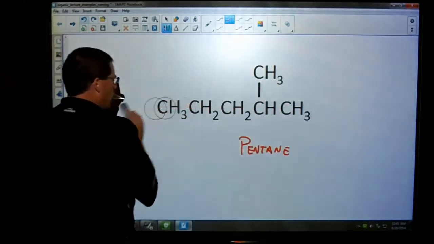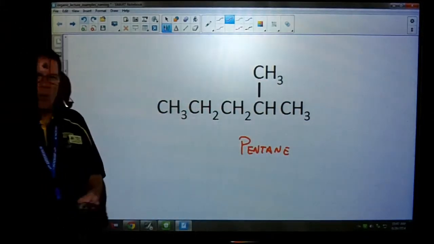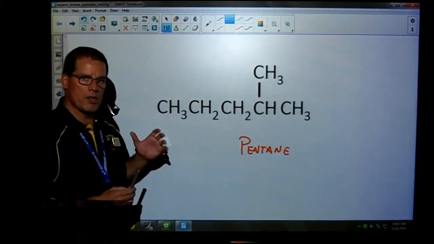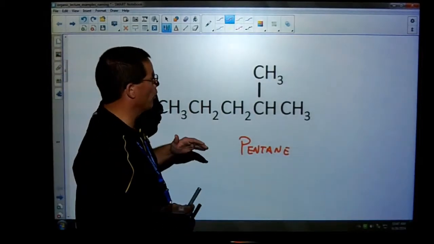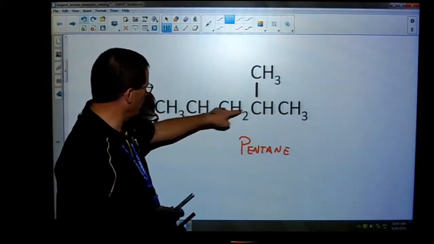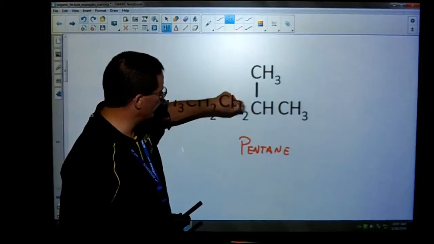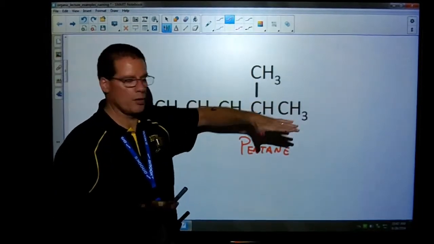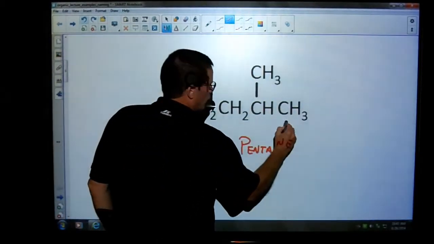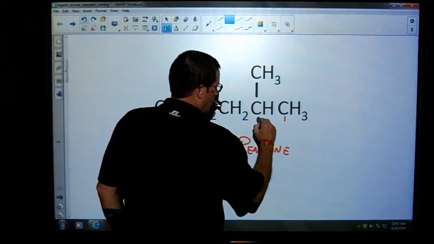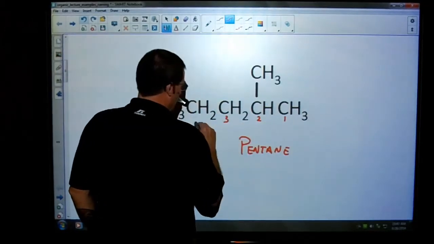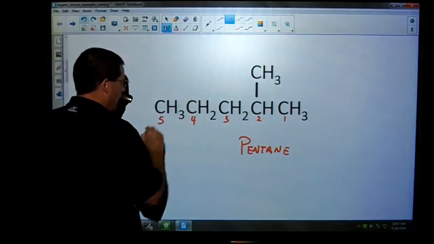But we want to number this accordingly. When we number our carbons, we want to start numbering where we have our closest branch. So whether I say this is the chain or this is the chain, it doesn't matter which, just make sure you choose one. I can say there's my number 1 carbon, number 2 carbon, number 3, number 4, number 5.